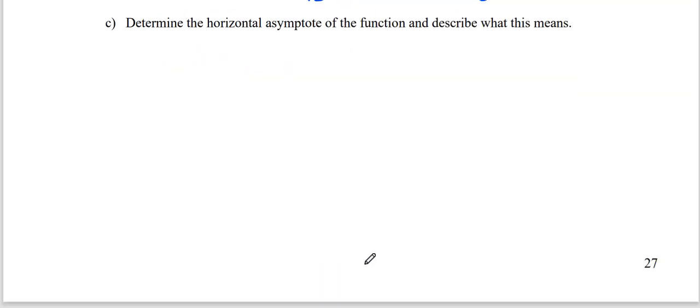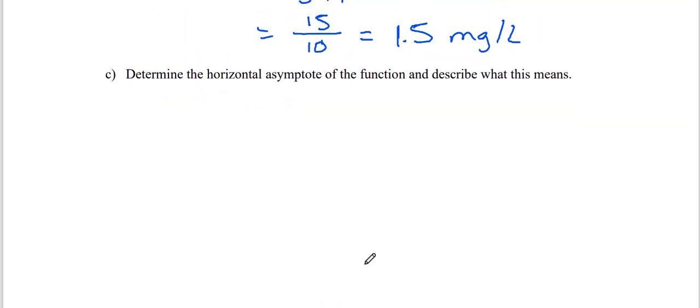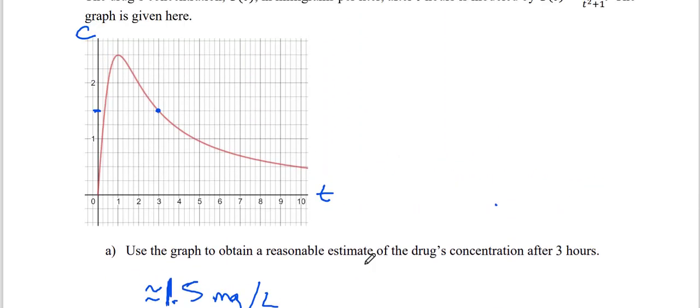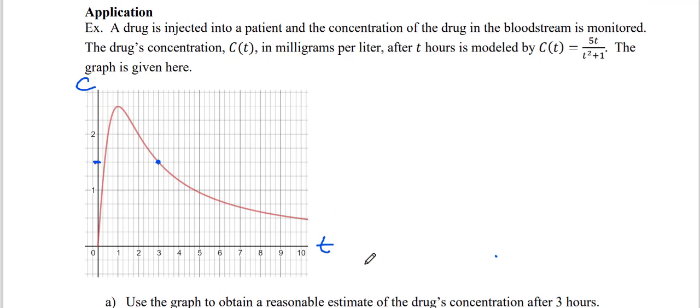The last question says, determine the horizontal asymptote of the function and describe what this means. Looking at the picture here, I'm not really sure what's happening. The horizontal asymptote is about this function going forever this way. We're talking about x going to infinity, or I'm sorry, not x. t is our independent variable.